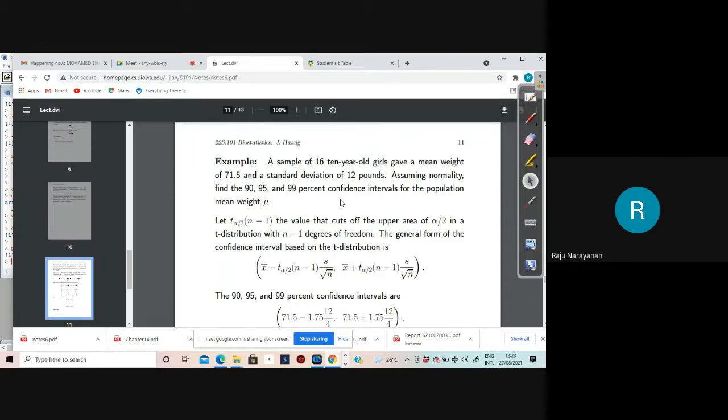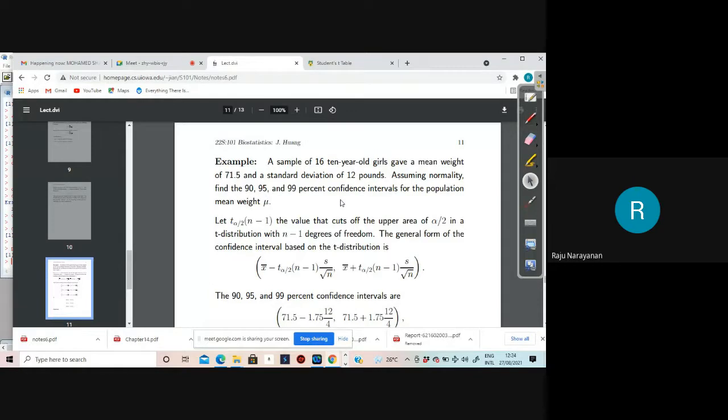Whether it is girls or boys, the method is the same. The 10-year-old girls gave a mean weight of 71.5 and a standard deviation of 12 pounds.